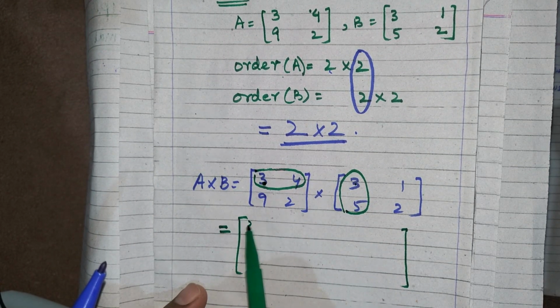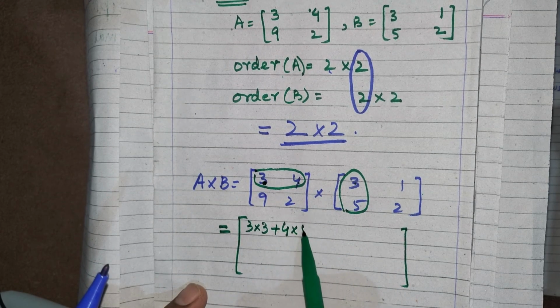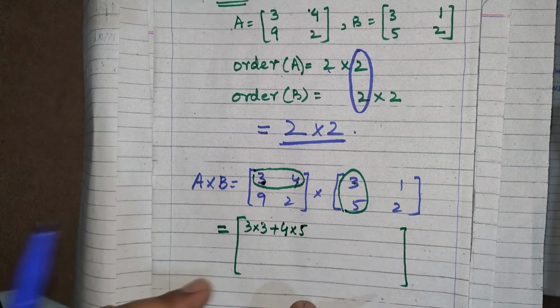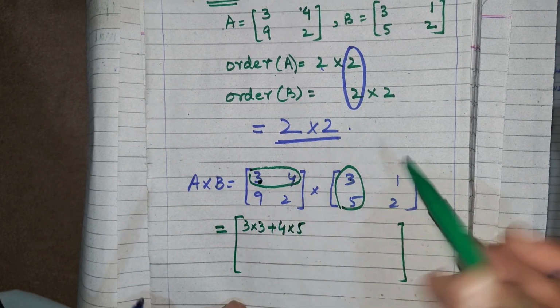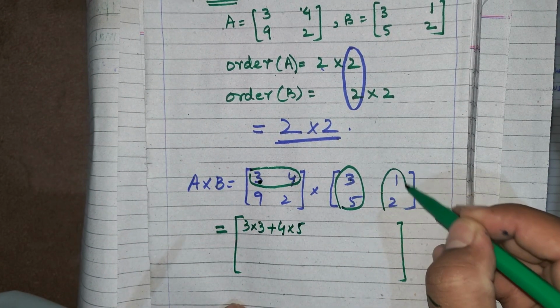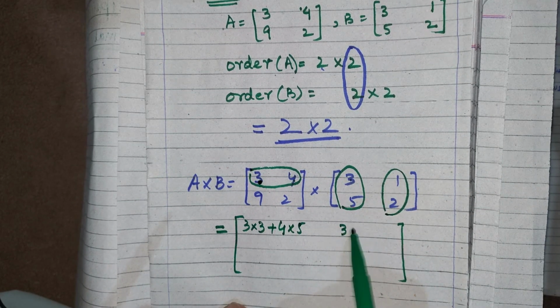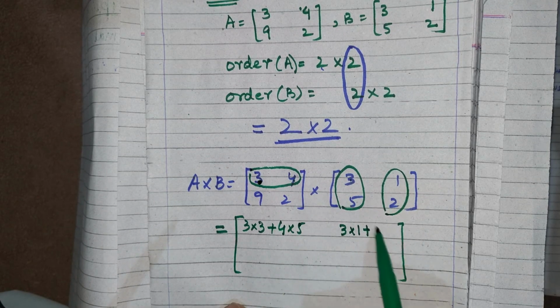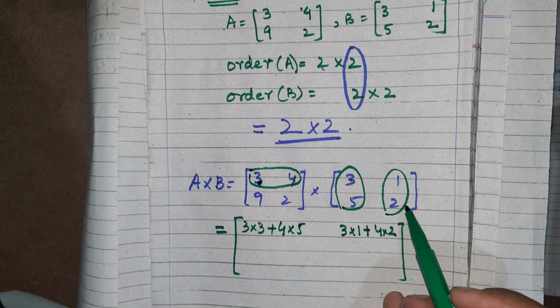So 3 multiplied by 3 plus 4 multiplied by 5. Now this column is completed. So this row again will be multiplied with the second column. Again the same process is followed: 3 multiplied by 1 plus 4 multiplied by 2. This column is also done. We are done with it.